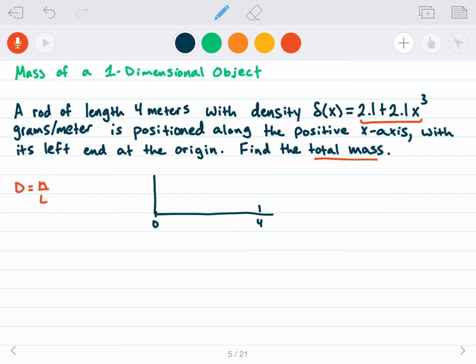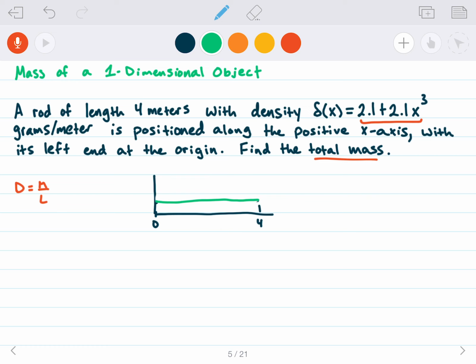So we have this rod that we want to think of just as a one-dimensional line. All right, so there's our rod.